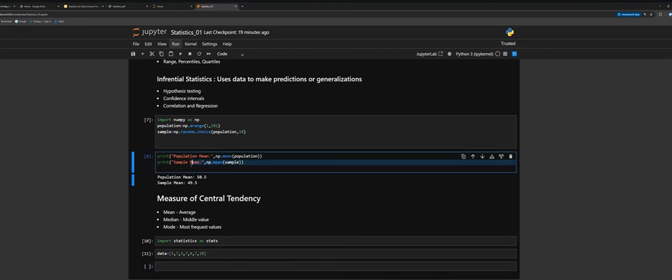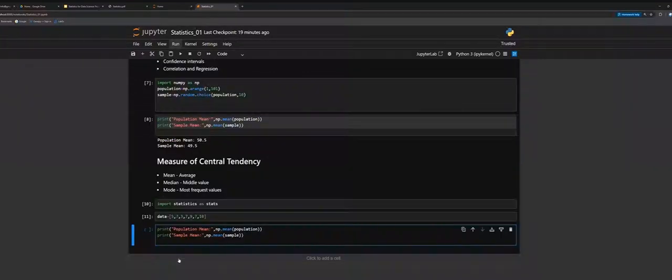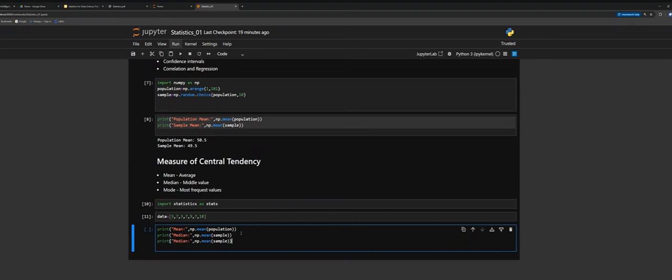I'll just copy this, I don't want to type. Print mean, here I'll use median, and I need one more, mode. Here instead of np I can say stats.